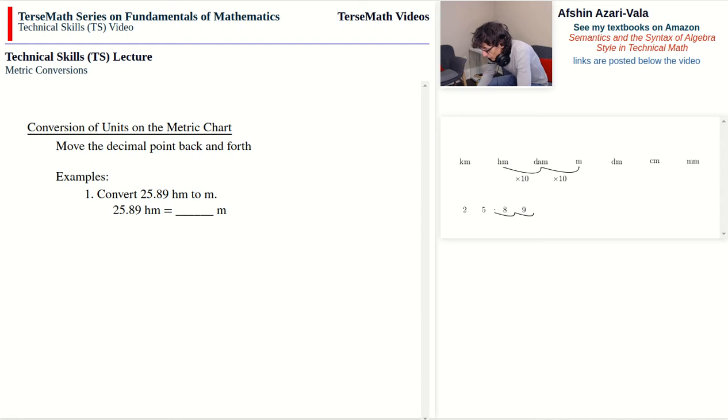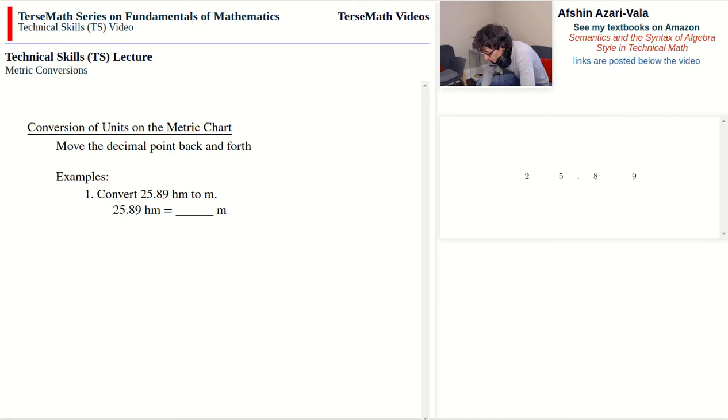Alright, and all this is fine, this kind of movement, but still it's a little bit slow. What I have to do, following the approach that we have here, to convert the unit from hectometer to meter, is find hectometer on the chart, find out how many places I have to move over, and then do the same with the decimal point. And this can take a bit of time.